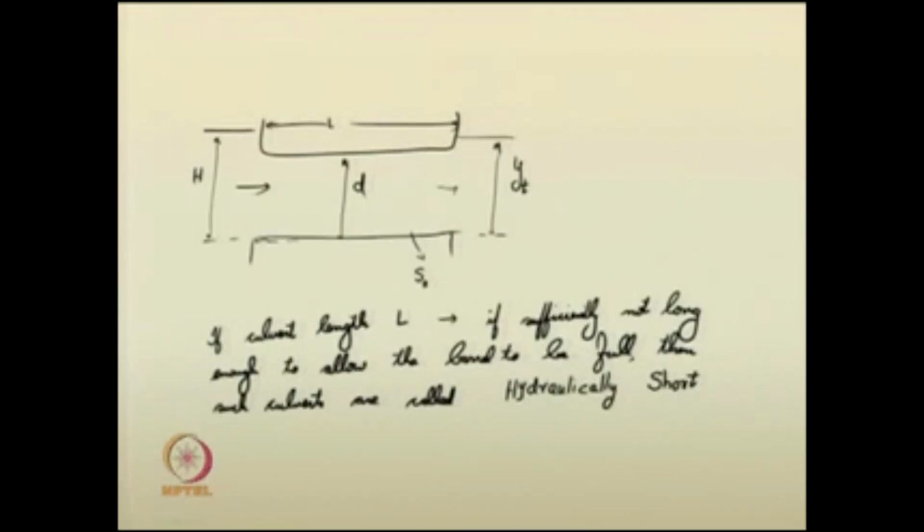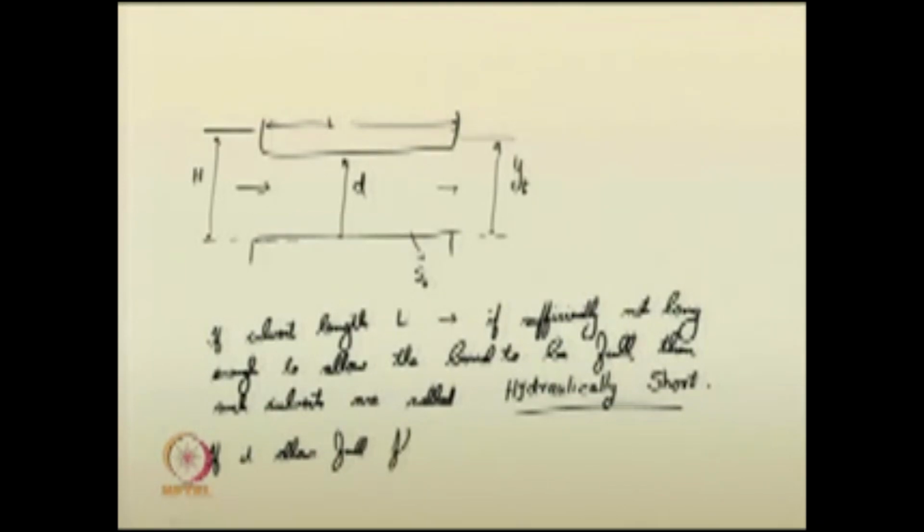So, basically you can suggest two types of culverts: hydraulically short culverts and hydraulically long culverts. Vice versa, if it allows full flow, then such culverts are called hydraulically long culverts.